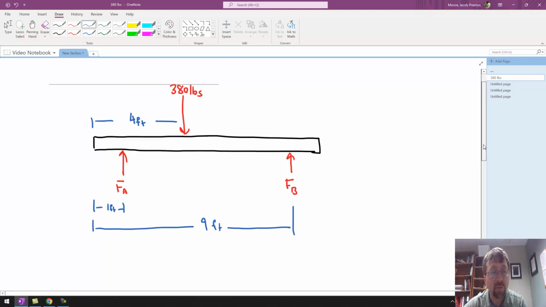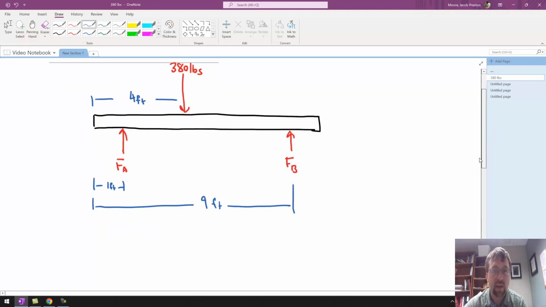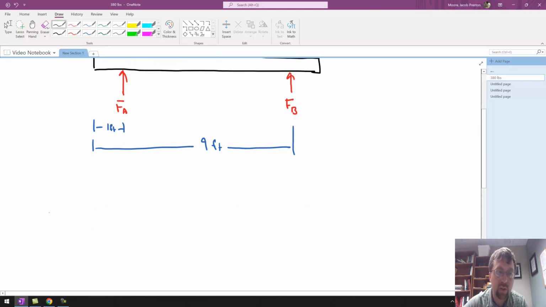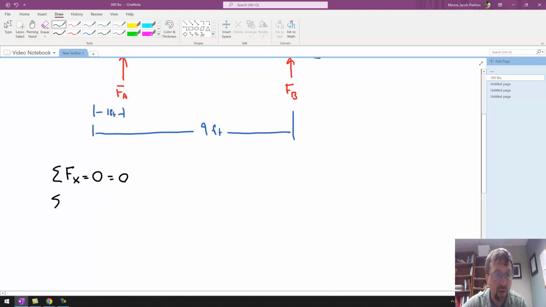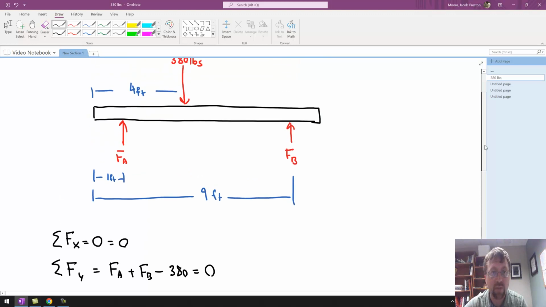All right, so that should be enough to solve for F_A and F_B. So I look at my equilibrium equations. I have my free body diagram now. So sum of force in the x direction is 0 equals 0. It's not all that helpful. There's just nothing in the x direction. In the y direction, I'm going to have F_A plus F_B minus 380 is equal to 0.